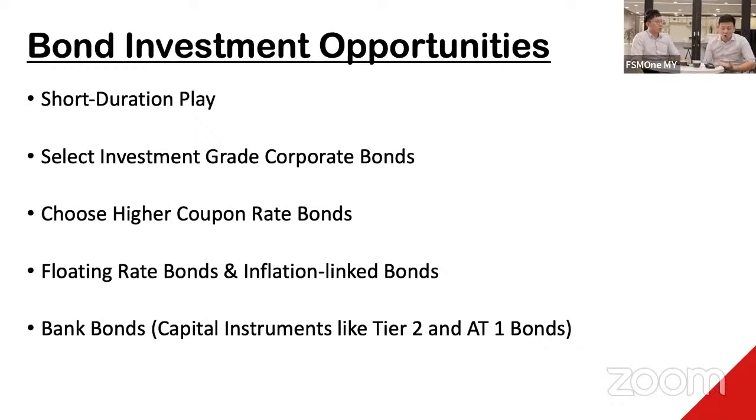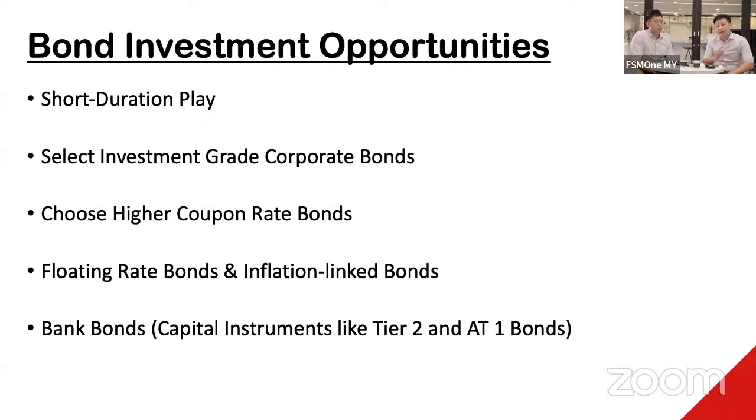They can lend out money at a higher rate, whether your mortgage, your hire purchase or your personal loans, all of which are priced at a higher rate in a higher interest rate environment. So banks generally enjoy that expanding margin and a better bottom line in this kind of scenario.